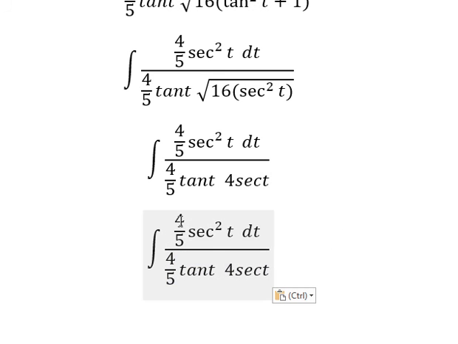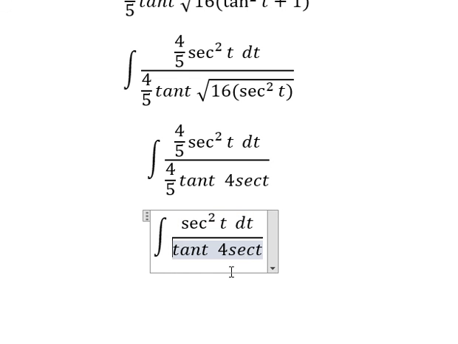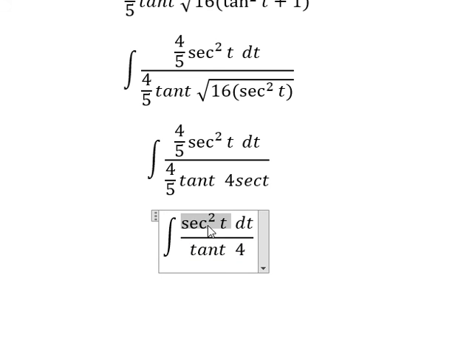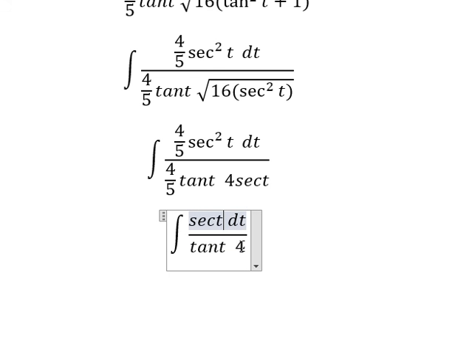Now we need to simplify 4 over 5. Secant of t, we simplify. And now I will put the number 4 in here.